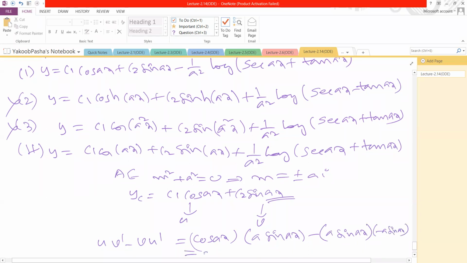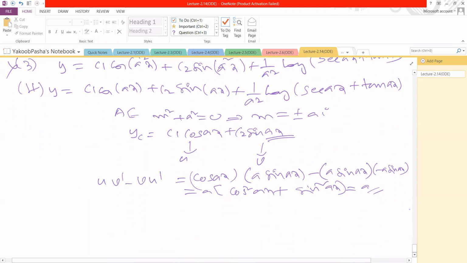This is nothing but a of cos square ax plus sin square ax. This is equal to a. This is the value of uv dash minus vu dash.